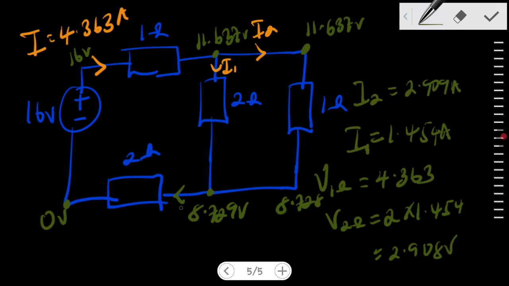This current is I1 plus I2, which would be 2.909 plus 1.454, right? So that means we shall be having 4.363 amps through the 2 ohm resistor.